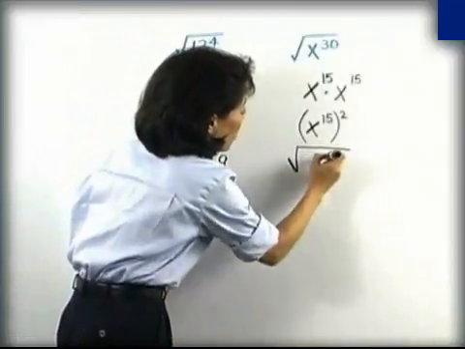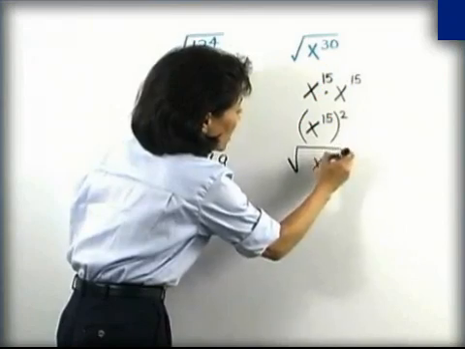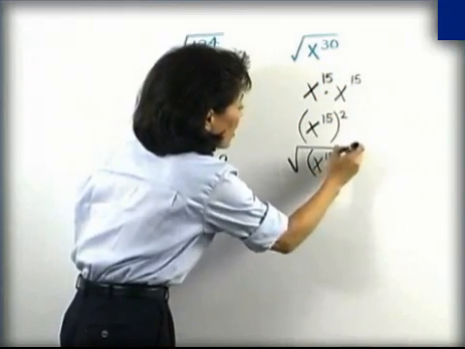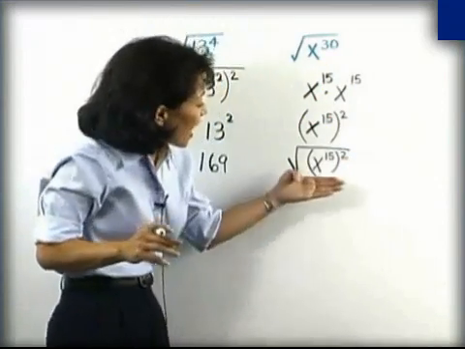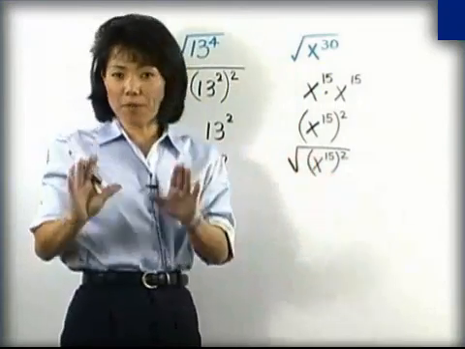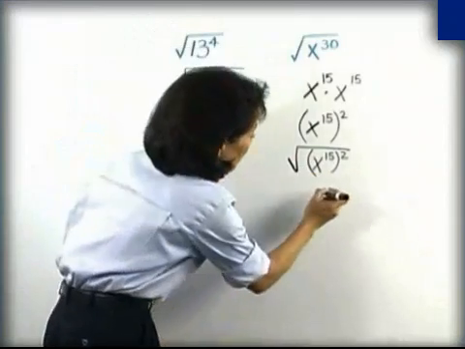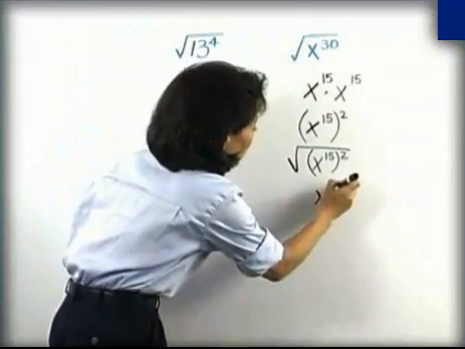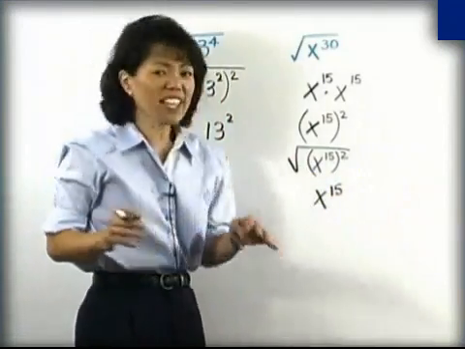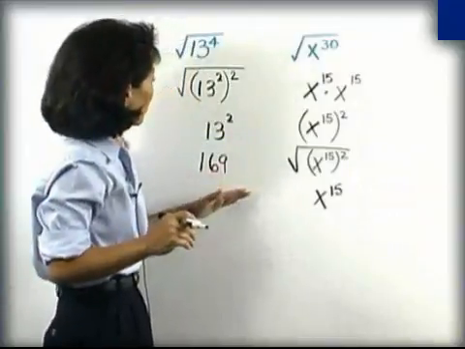The square root of x to the 15th to the second power means I have two of these, and remember, whenever I have two of the same number, it comes out of the square root sign. So this becomes x to the 15th power.